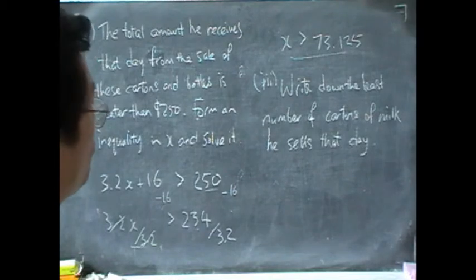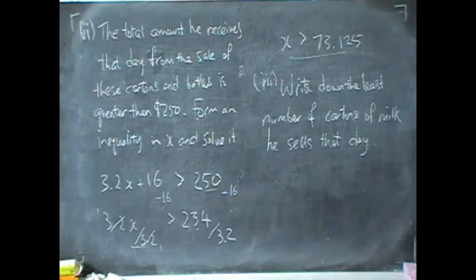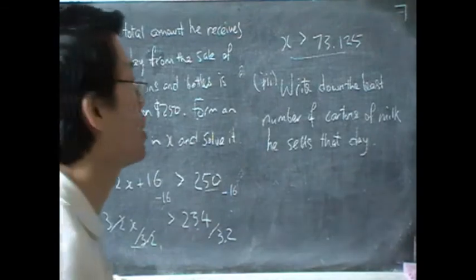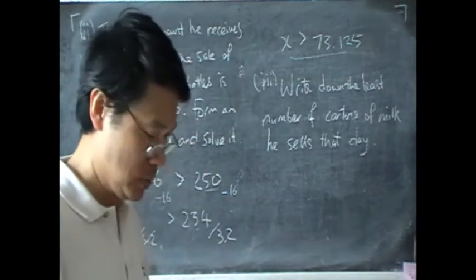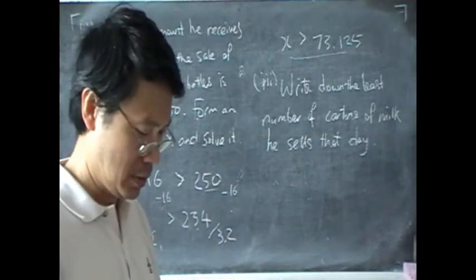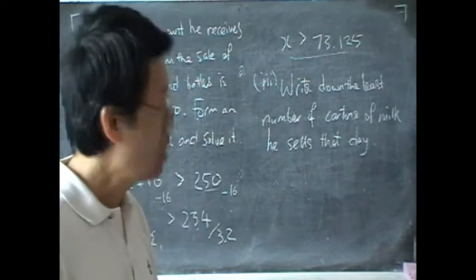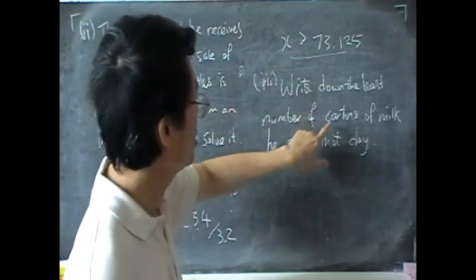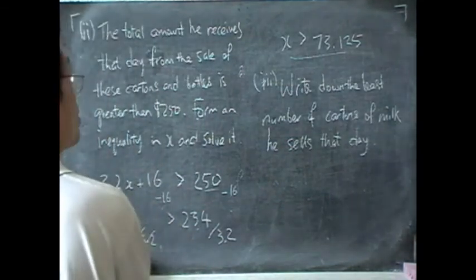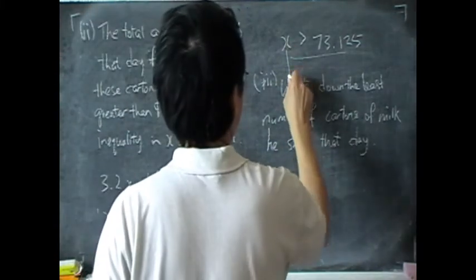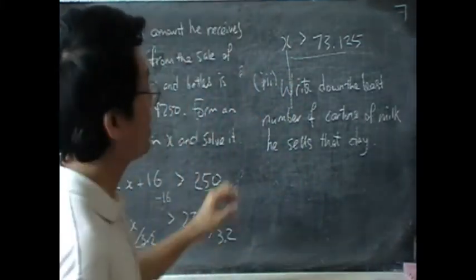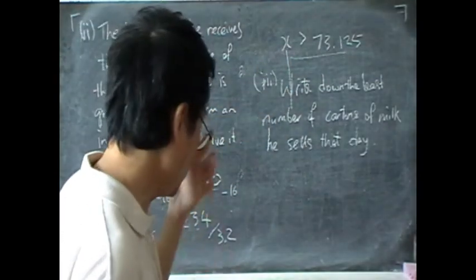Now, if we remember from the earlier question, X is really the number of cartons of milk.